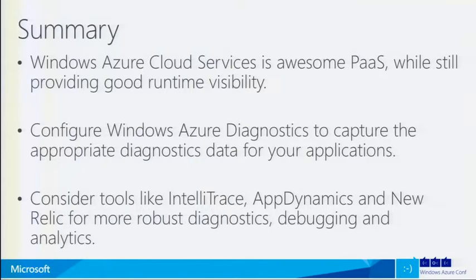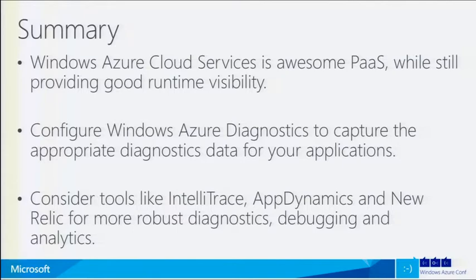I hope that over the last hour, I've shown you a lot of possibilities for diagnosing your application in Windows Azure, for debugging and collecting what's going on in your application. Windows Azure Cloud Services is truly an awesome platform as a service. It gives you that abstraction over the data center without you having to remote into VMs and configure the OS and configure middleware and runtimes, but you still get great visibility into what's going on using things like Windows Azure Diagnostics.